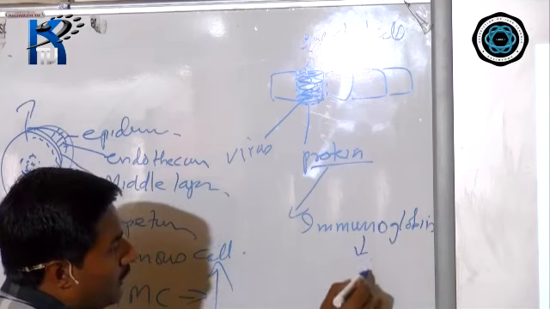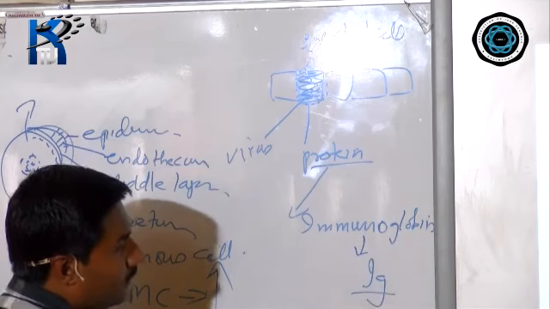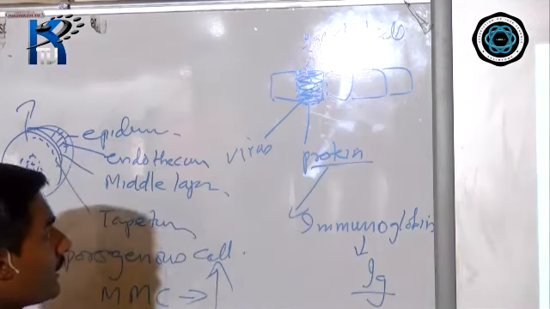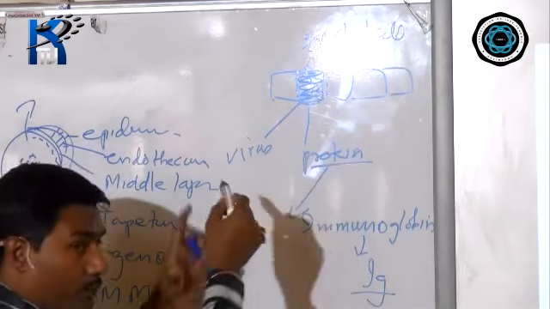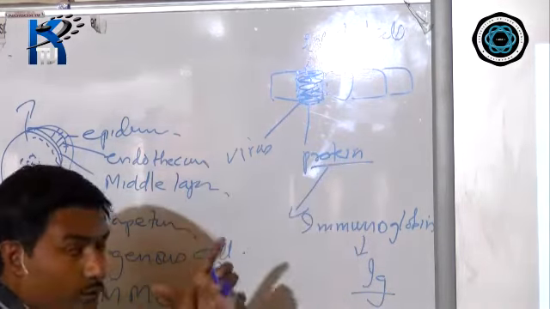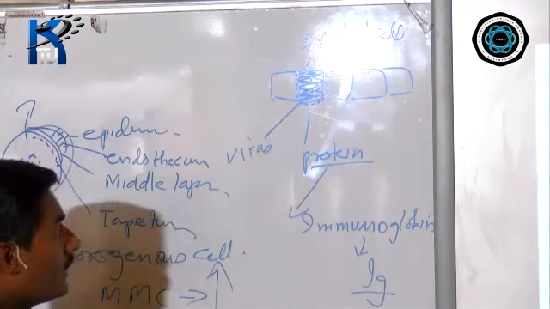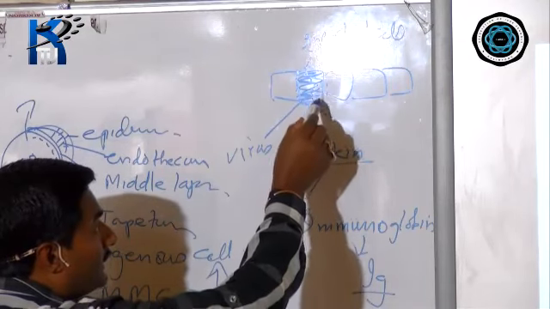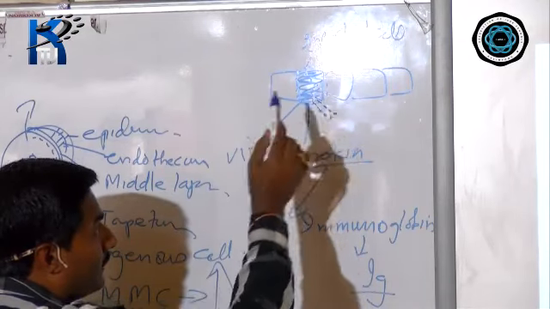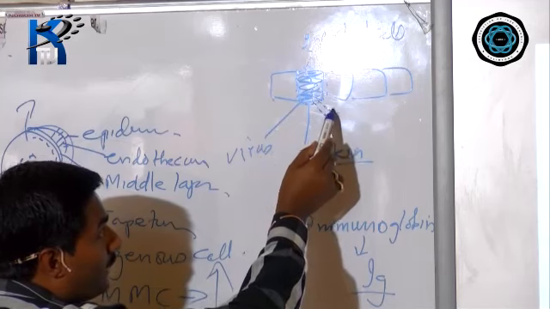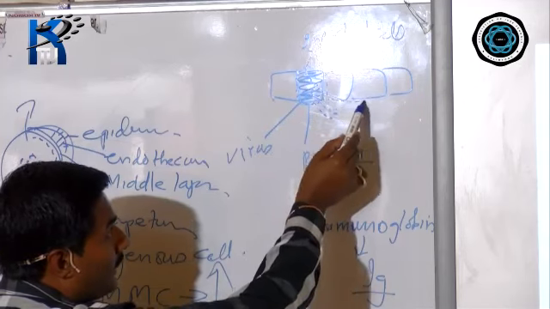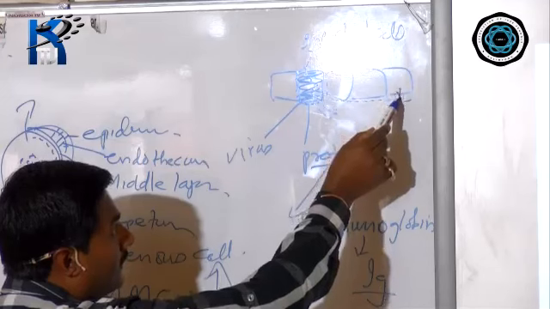Okay, immunoglobulin, abbreviated as IG. That means it will try to produce a protein to defend it, to stop it, to resist it. This protein, when it is secreted, goes to the other cell.